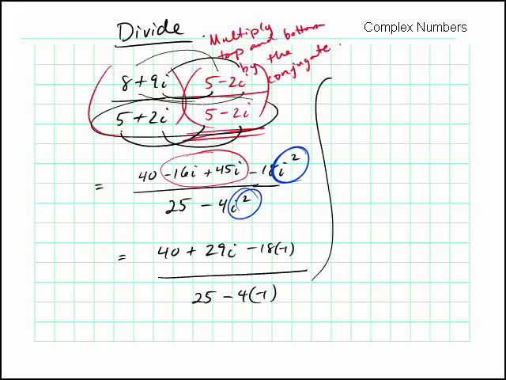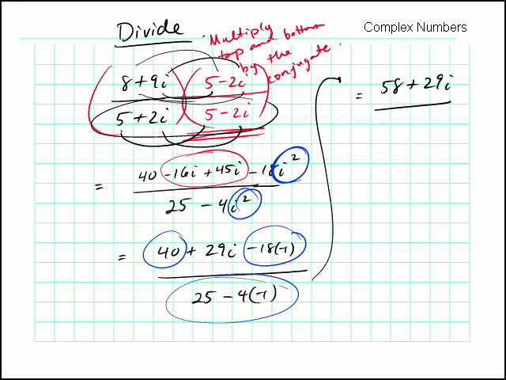Now going up here, this is an 18 plus this 40 gives me 58 plus 29i in the numerator. In the denominator, I've got 25 plus a 4, which is 29.